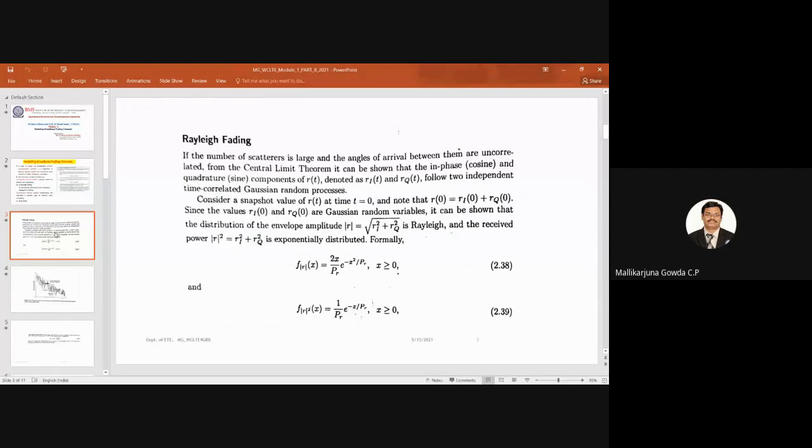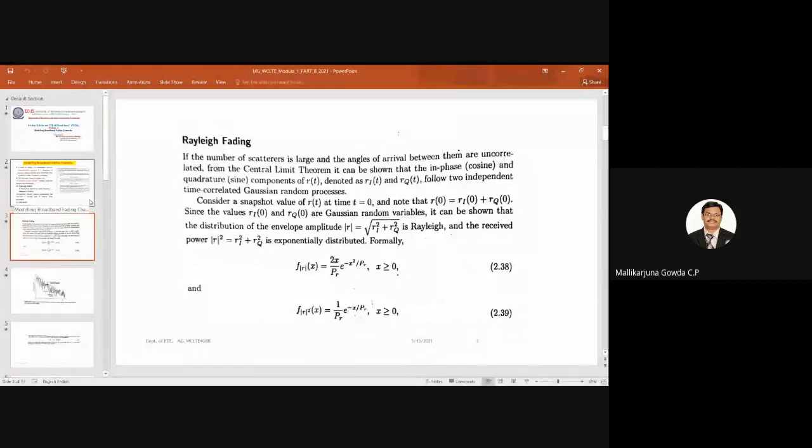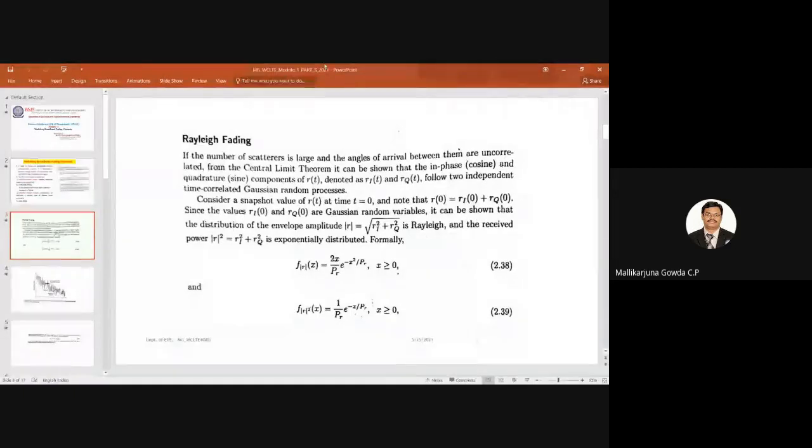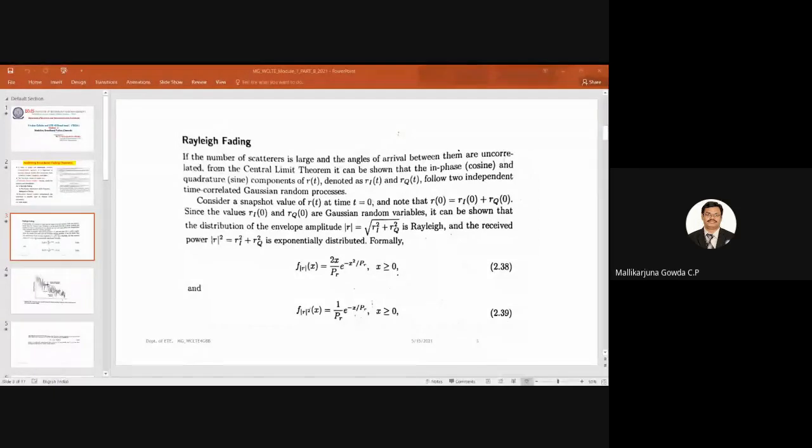If the number of scatterers is large and the angles of arrival between them are uncorrelated, then, I hope you are all aware of the central limit theorem, CLT, which you might have studied in mathematics, from the central limit theorem it is shown that the in phase and quadrature components of the received signal.